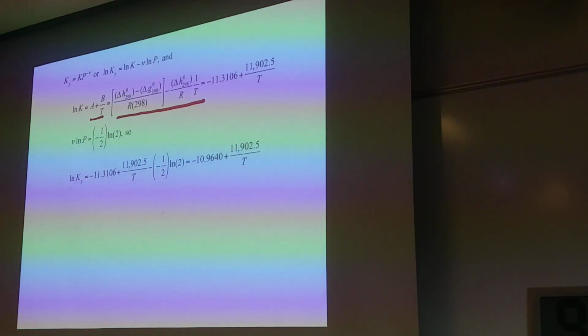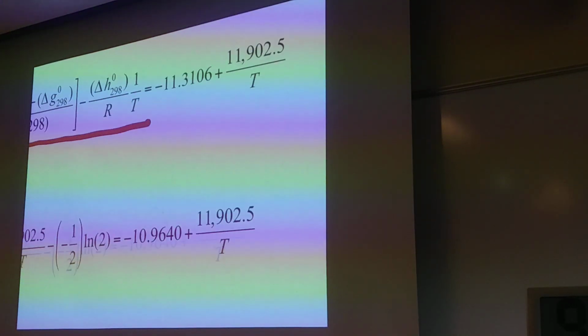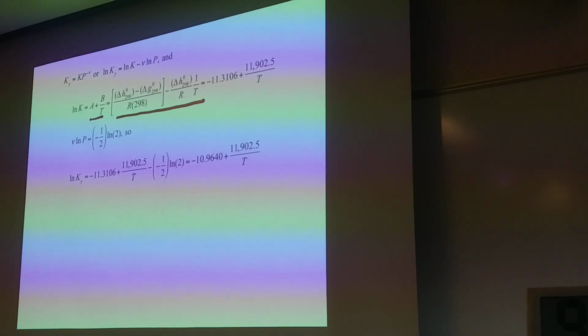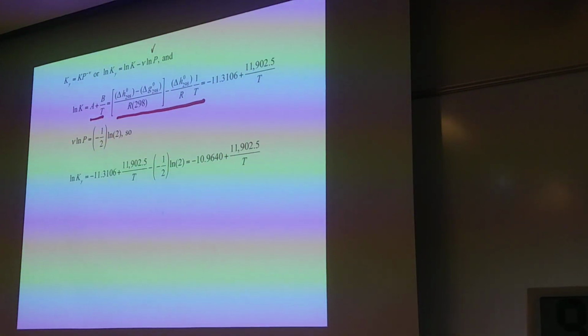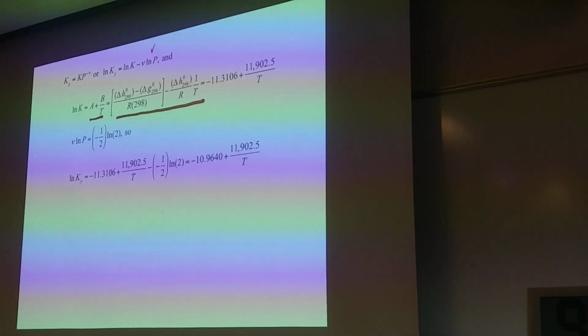But we also have here this term to account for the fact that the pressure is something other than the standard reference pressure of 1 bar. We've got it at 2 bars, so we have to subtract here nu log P. So log Ky here is going to be equal to this expression that I've got up here, then minus a half log of P, which is 2 bar.